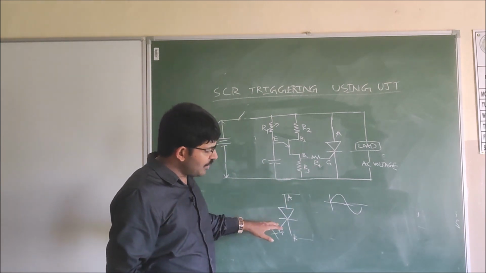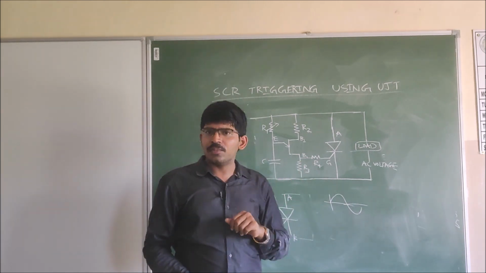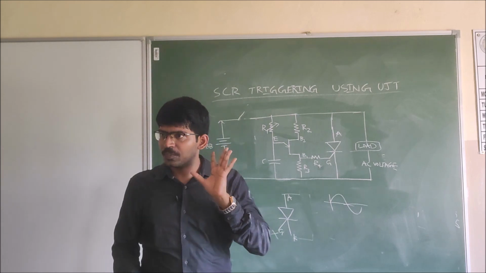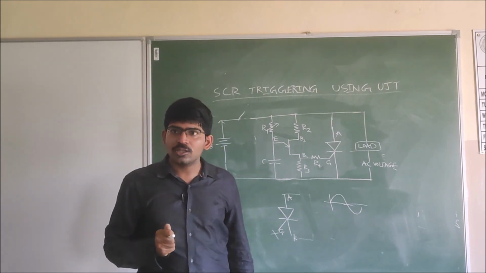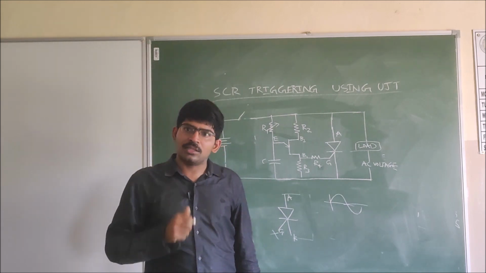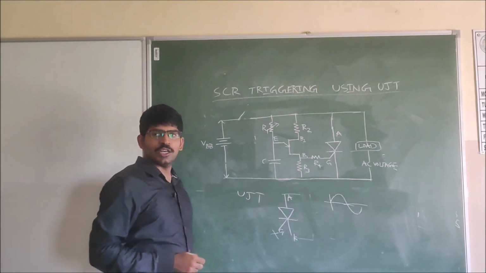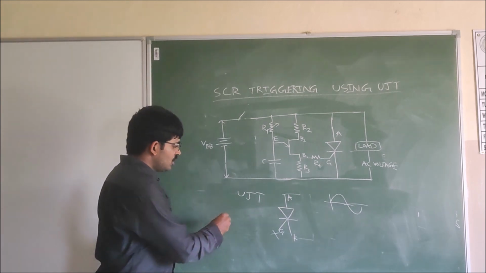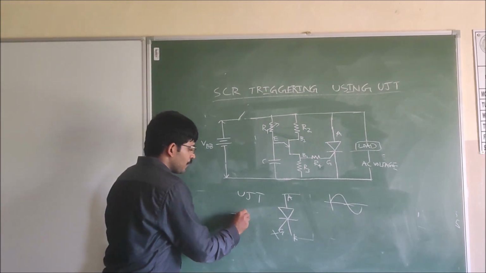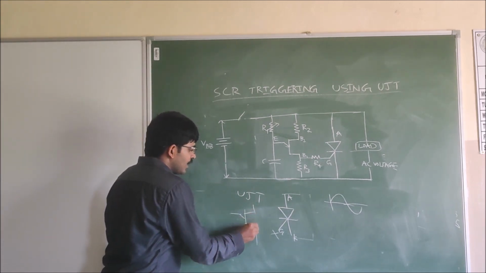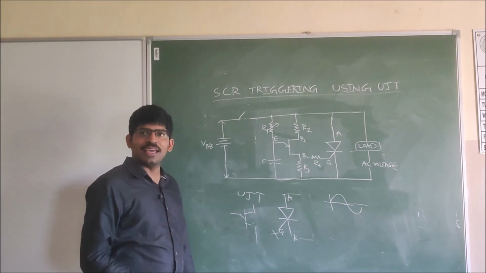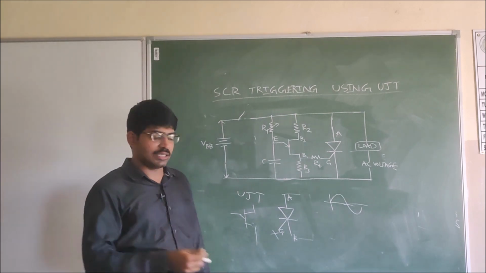So instead of giving direct DC to the gate, we can give pulses. Now the question is, who will give the pulse? The answer is the UJT. This UJT is ready, saying that I will give the pulse.